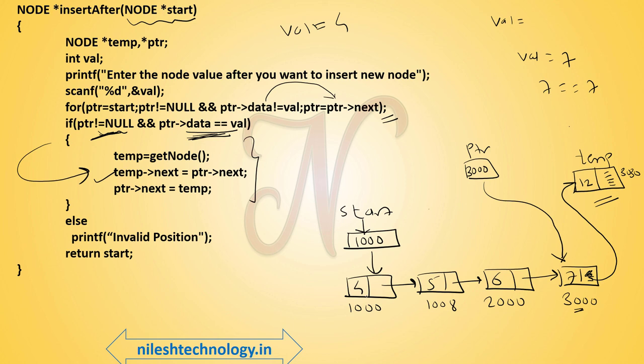So by using this code, you cannot insert a new node at the beginning. In the previous program, insert before, you cannot insert a new node at the ending. And here, insert after, you cannot insert a new node at the beginning. So both programs have some limitations.